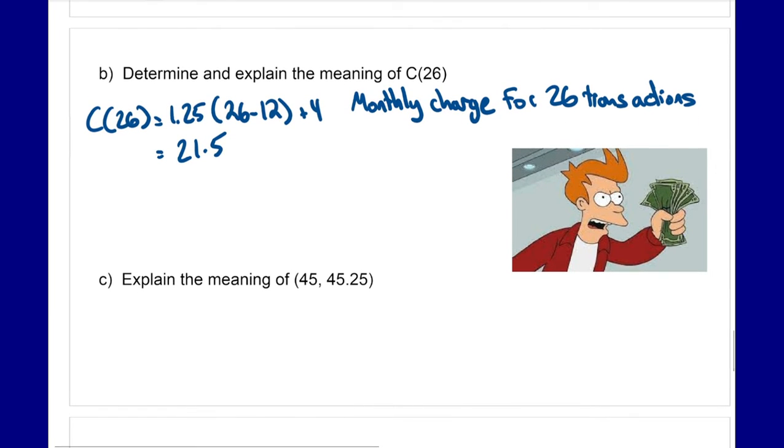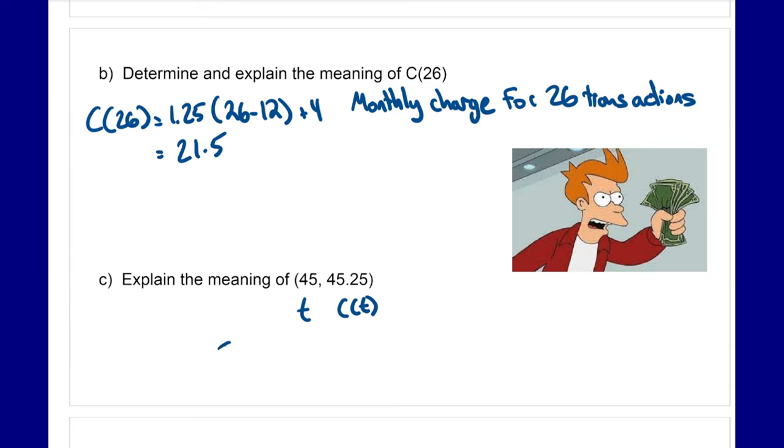Lastly, explain the meaning of 45 and 45.25. Well, again, we could break this down. This is t, this is C at t. What do those values mean? Well, 45 is the number of transactions, for t. C at t is the cost or the monthly charge.